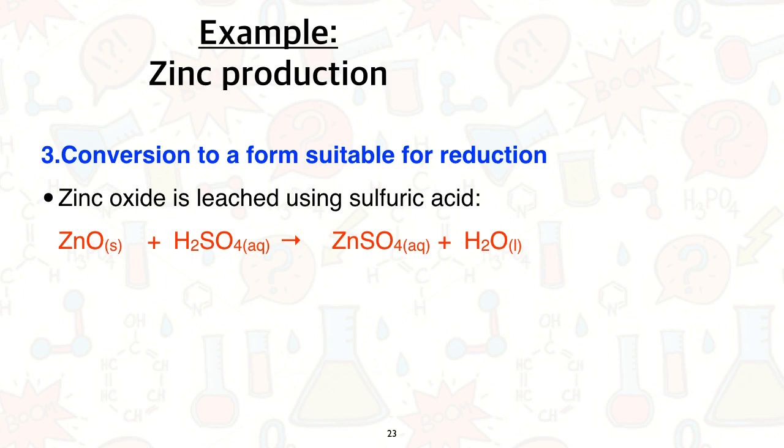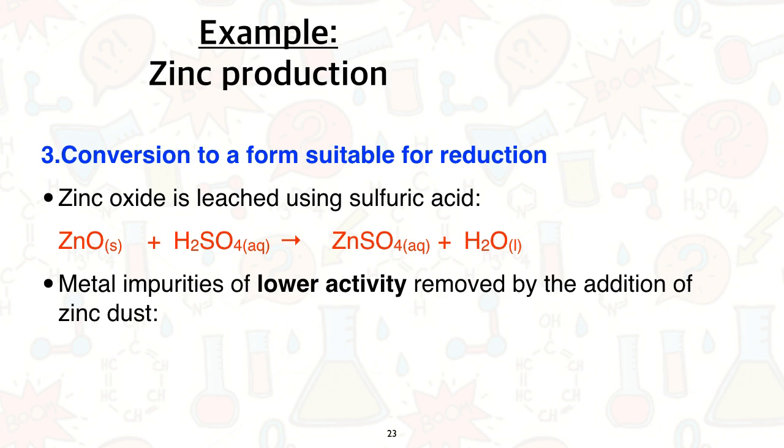Just to remind you from last year, we learnt about reactions of acids with metal oxides. We can classify metal oxides as basic oxides. They react in the same way as hydroxides in that they are neutralized and they produce a salt plus water.